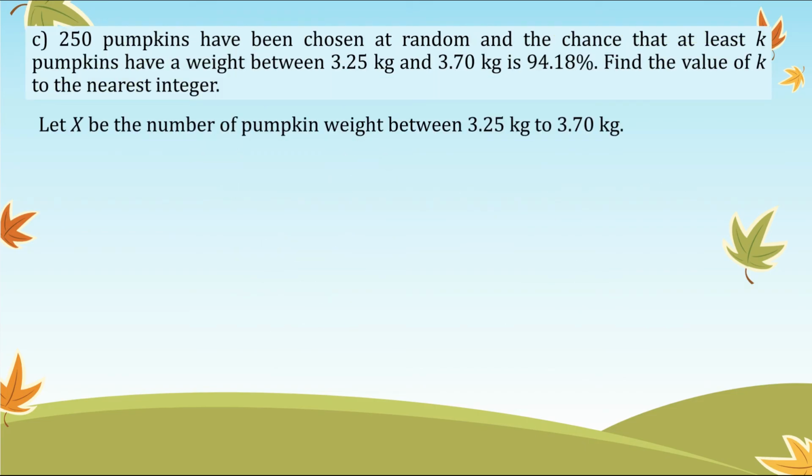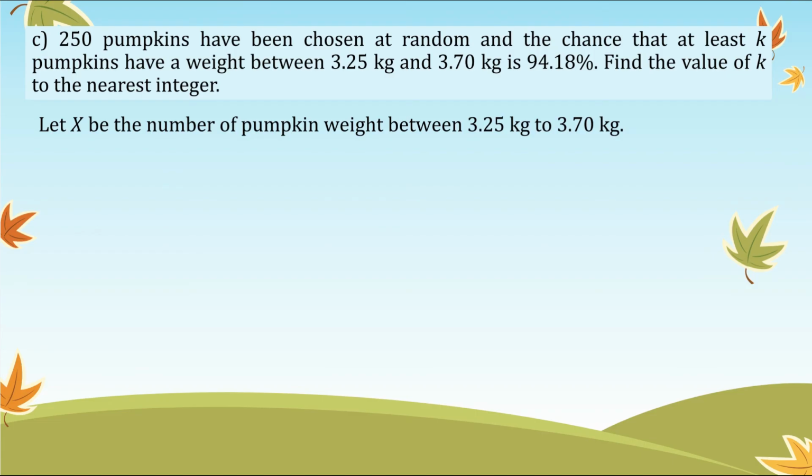For C, 250 pumpkins have been chosen at random, and the chance that at least K pumpkins have a weight between 3.25 and 3.7 kg is 94.18%. Find the value of K to the nearest integer. So let X be the number of pumpkin weight between 3.25 kg to 3.7 kg.